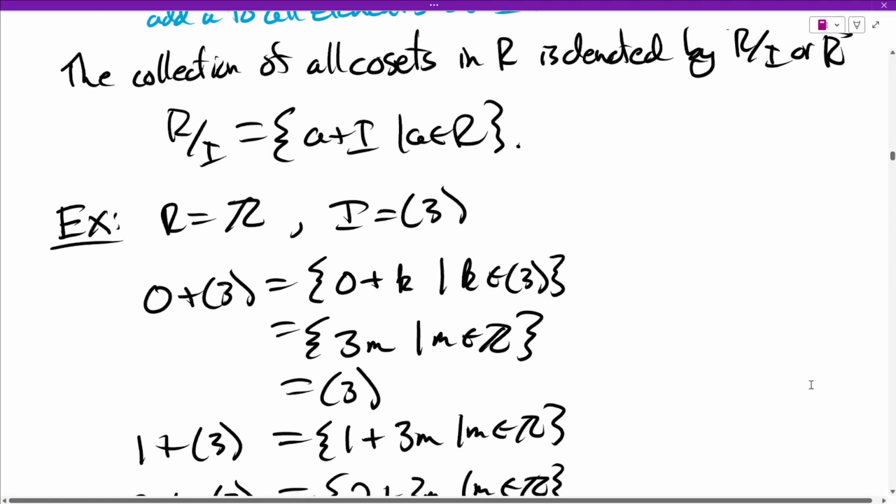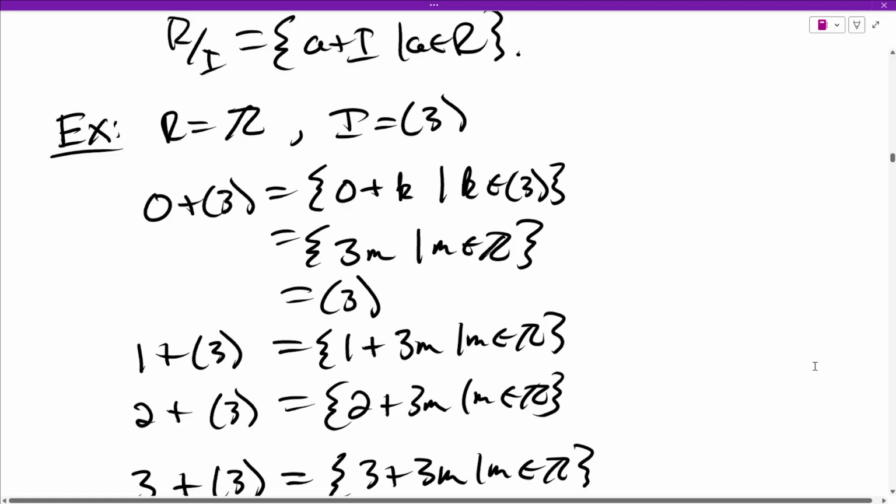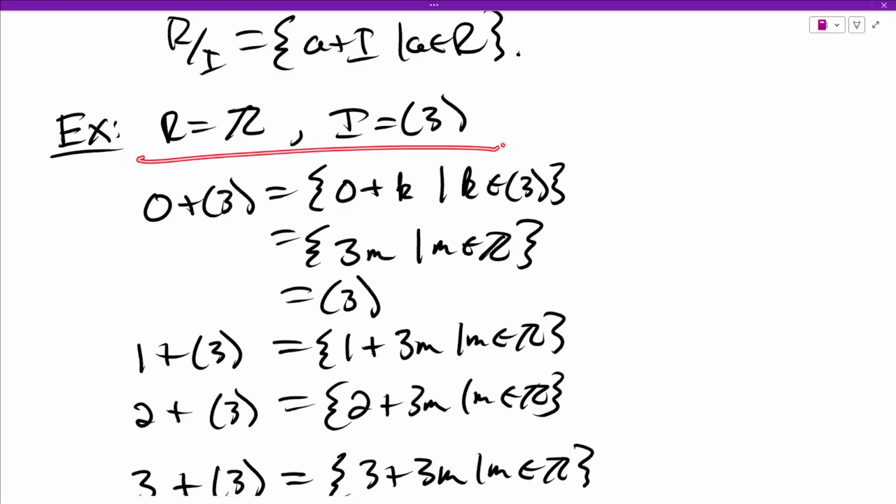Okay? So as just an example, let's work out some cosets. Suppose R is Z and I is the collection of all multiples of 3. Then 0 plus 3Z is a coset because it's an integer plus the ideal. And it's the collection of all 0 plus k's, where k is an element of 3Z. Now, of the ideal generated by 3, we can actually write out what k looks like.